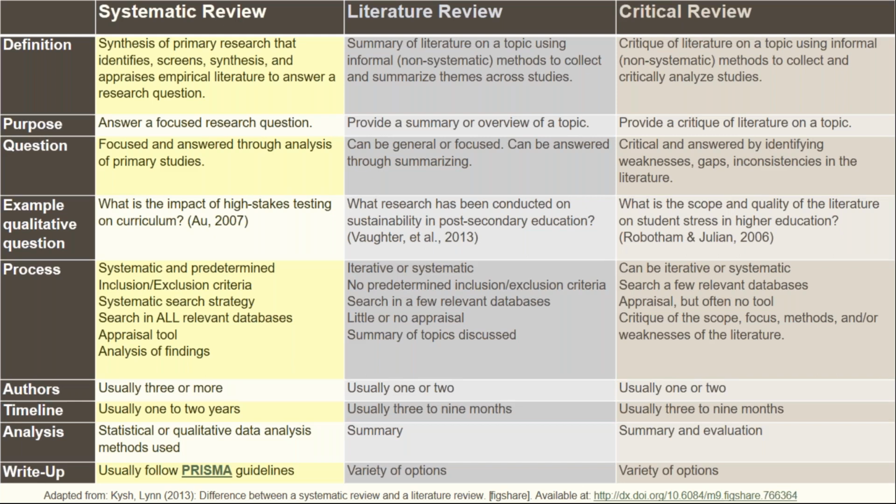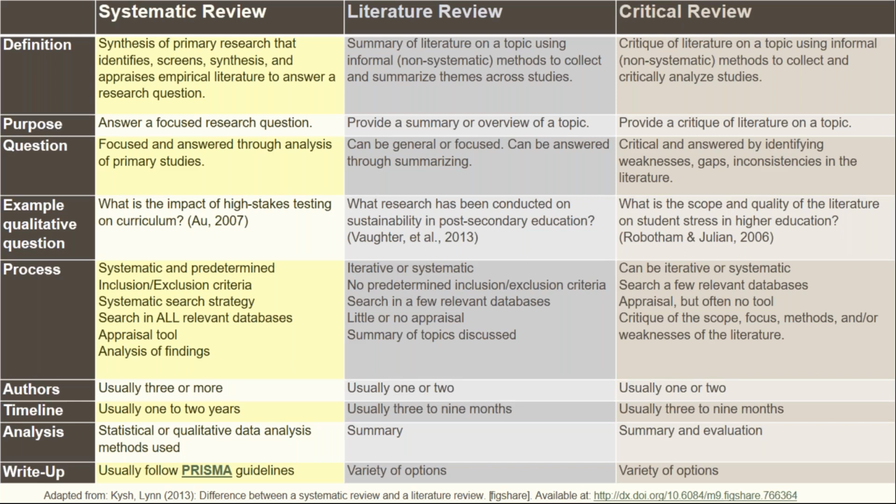So systematic reviews in general are different from narrative or traditional and critical reviews of the literature. For example, the purpose of a systematic review is to answer a research question. The purpose of a literature review is to provide an overall summary or overview of a topic. And the purpose of a critical review is to critique literature on a topic, hence the name.